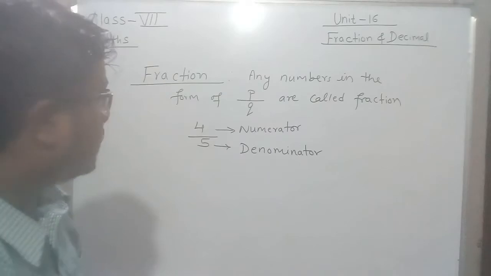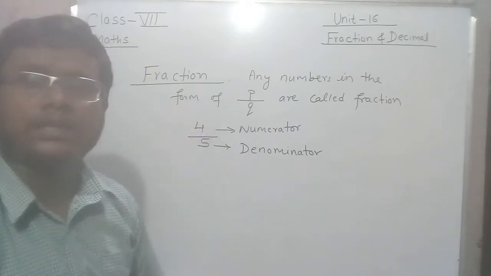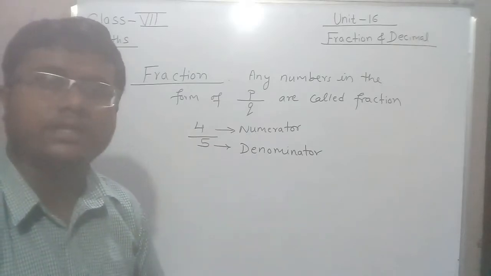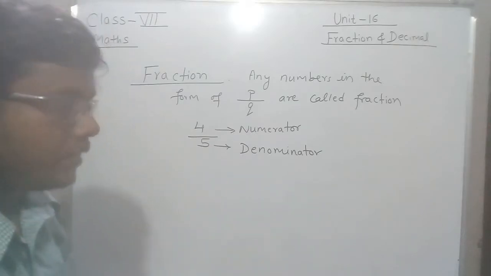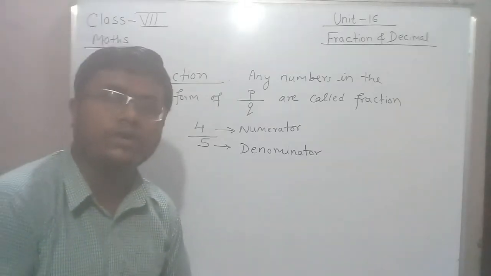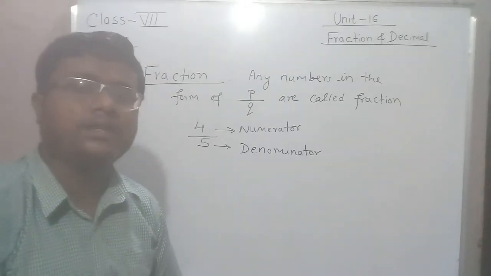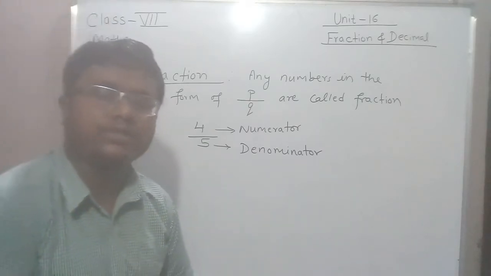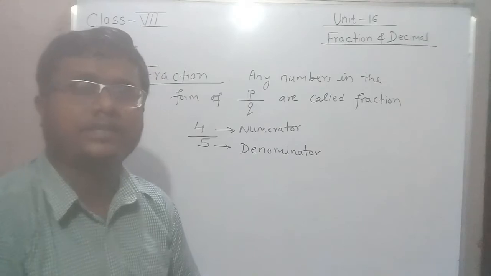The number written just above is called the numerator, and the number written just below is called the denominator. There are actually three types of fraction. Just recall what you have learned in your previous classes. Do you remember how many types of fraction there are?